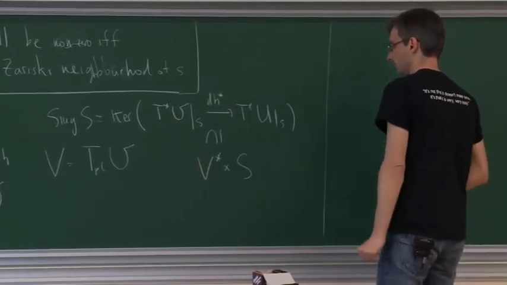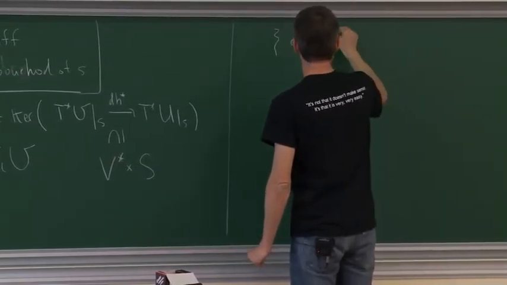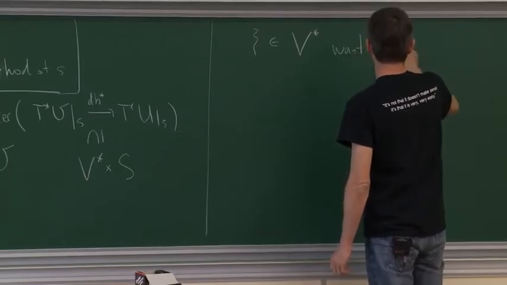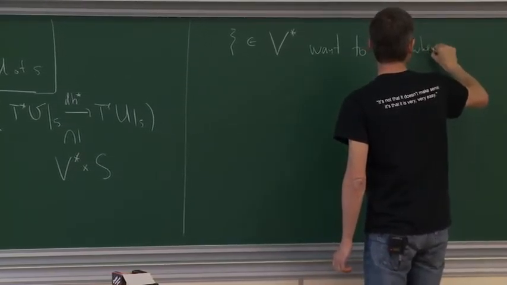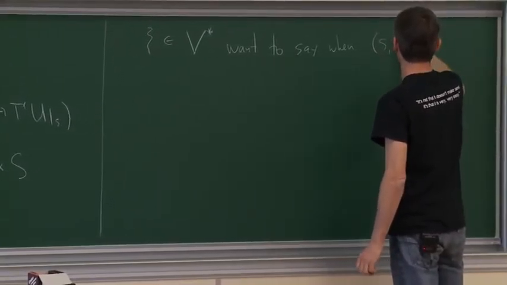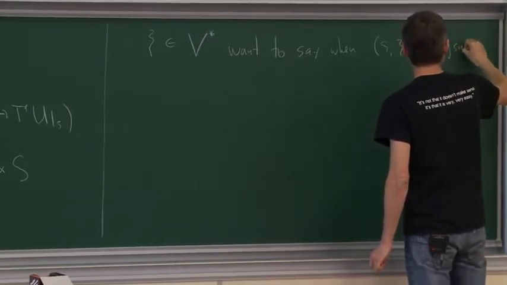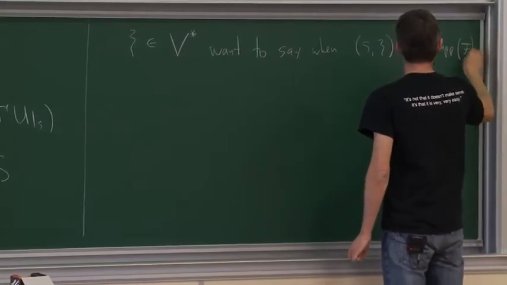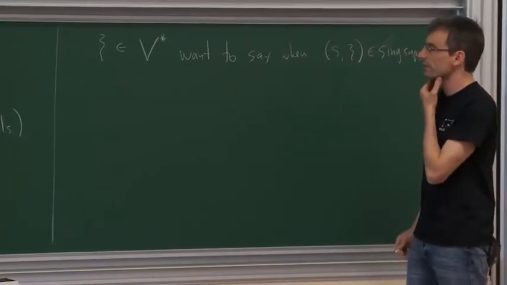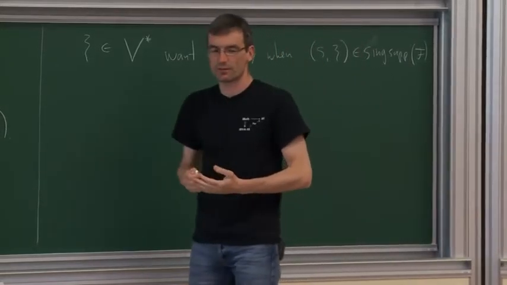So let me take psi, an element of V star, and want to say when a pair S comma psi belongs to the singular support of a given sheaf. And so here's the procedure that is due to Drinfeld, and there's some vague analogy with vanishing cycles.